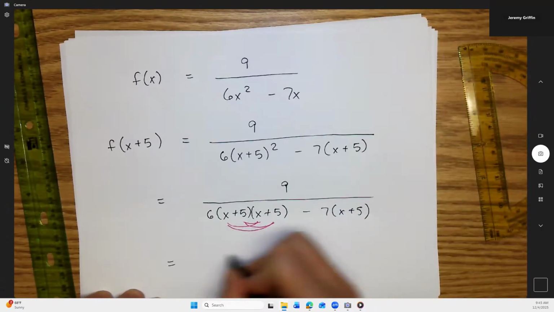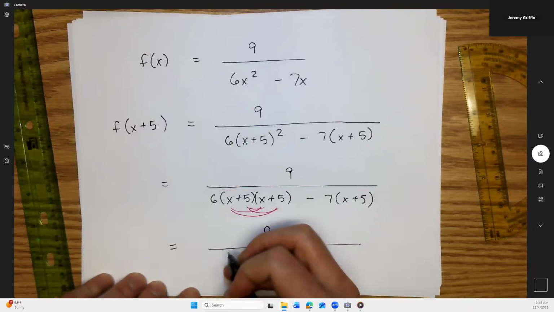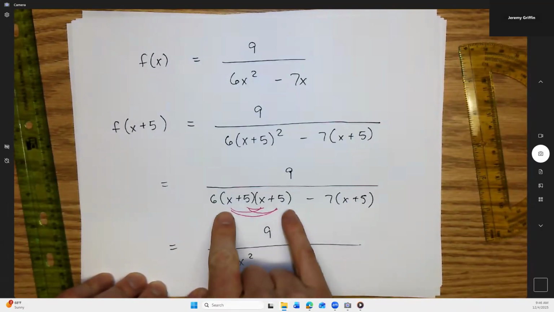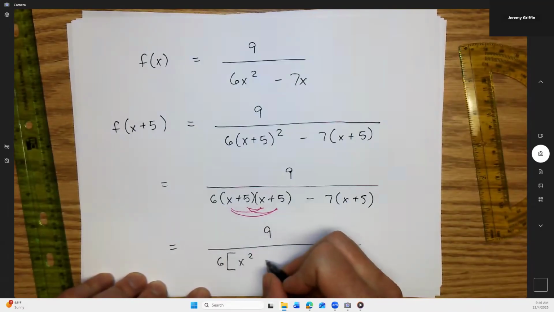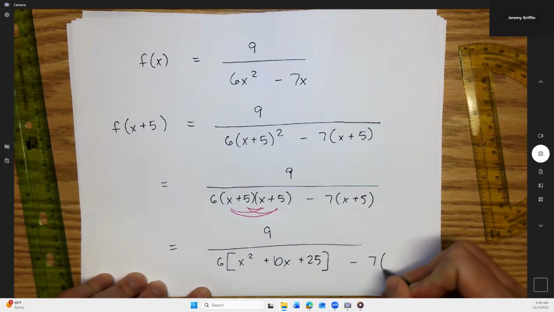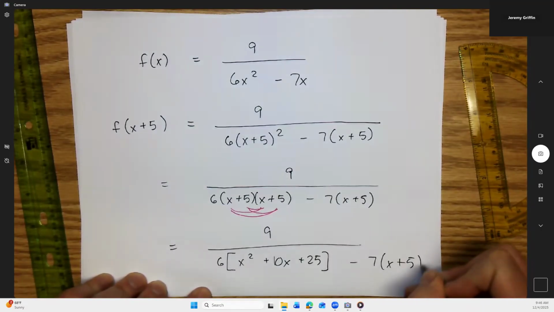So this is 9 over, I got 6 times an x squared, and this is 5x and 5x, which gives you 10x. And then 5 and 5 is 25. And over here, I got negative 7 times x plus 5.